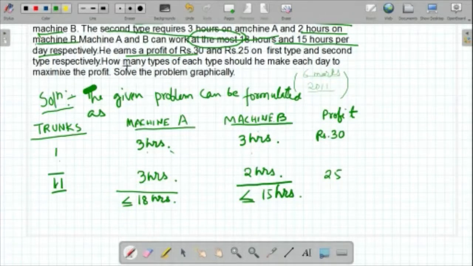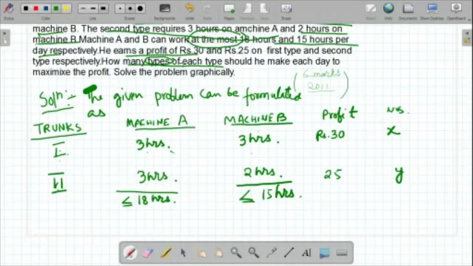The question is again, how many numbers of each type should he make each day to maximize the profit? So let's say the number of trunk 1 is x and the number of trunk 2 is y.